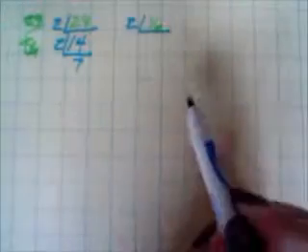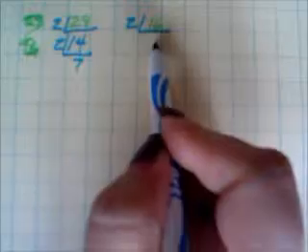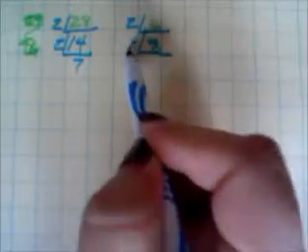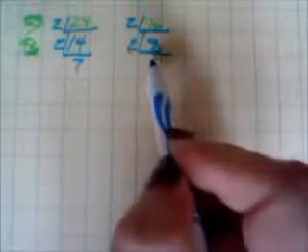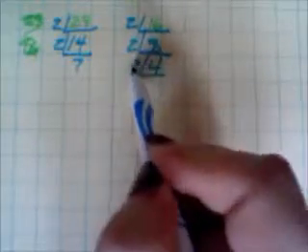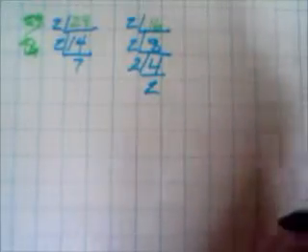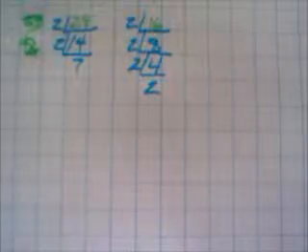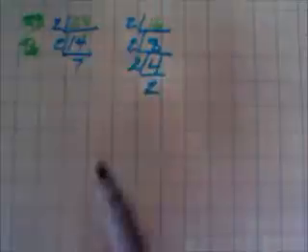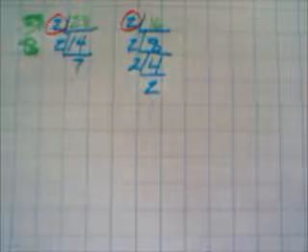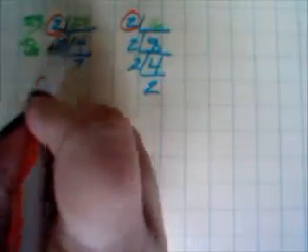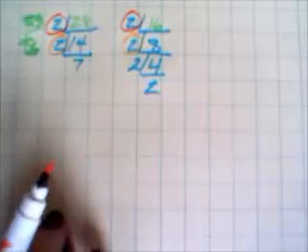Over here, 16, I'm dividing by 2. I get 8. Divide by 2 again, and I get 4. Divide by 2 again, and I get 2. Okay, so now, what factors do these have in common? Well, they have a 2, and they have another 2, right?